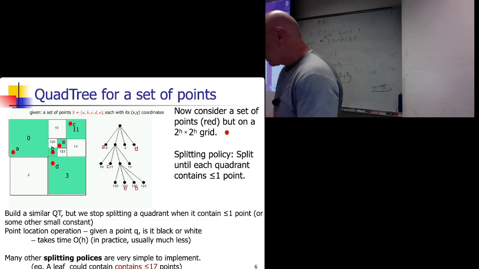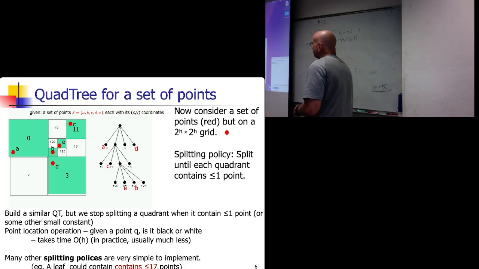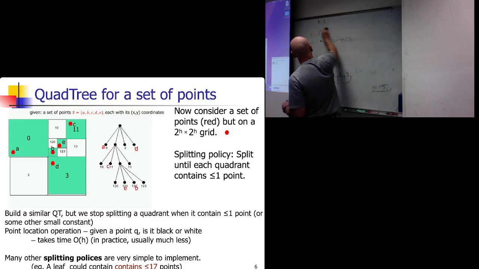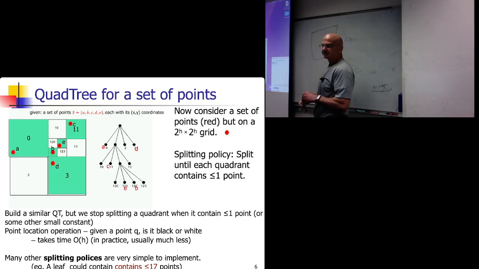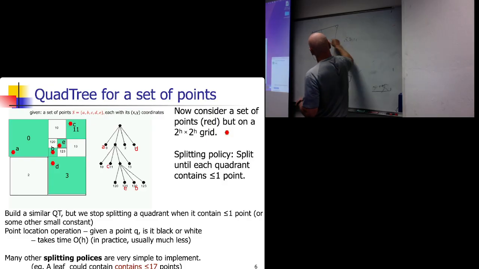But you see that things with this QuadTree might be a bit strange, especially if you're used to other data structures, because I can take my QuadTree, put 2 points and that will be my input data. And to store them using this splitting policy, I'll have to create a pretty high tree.